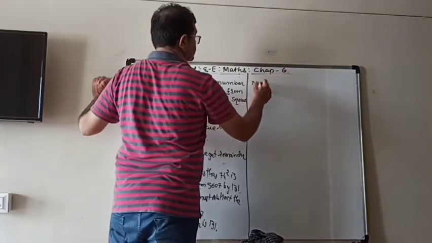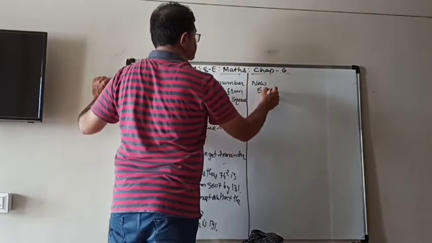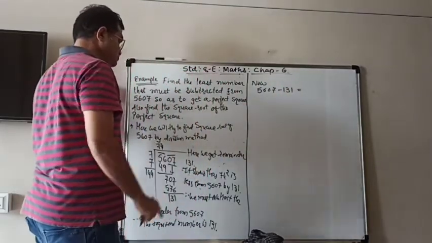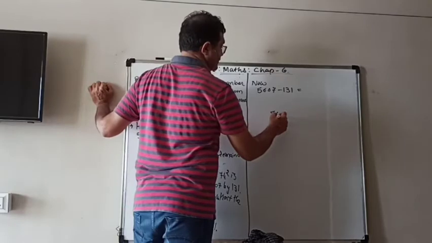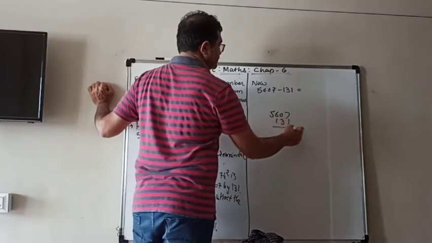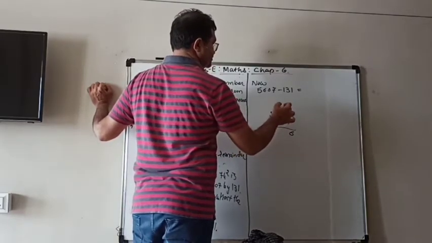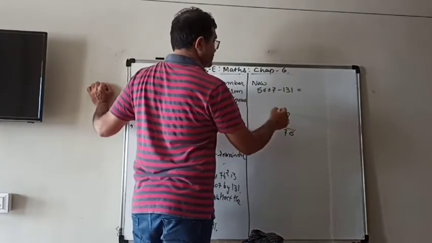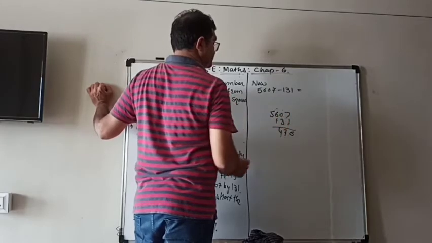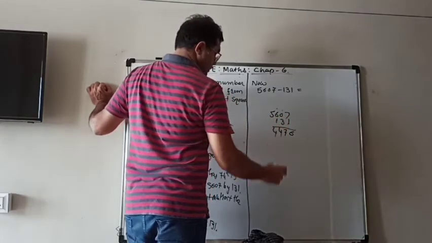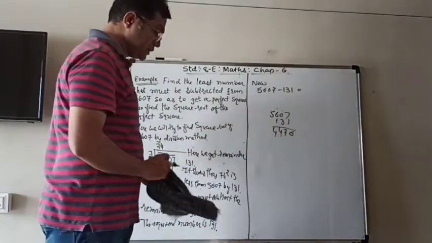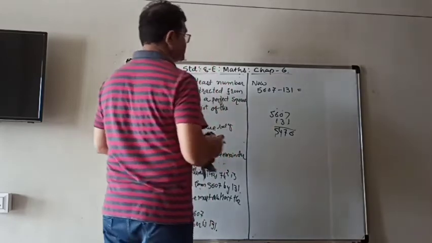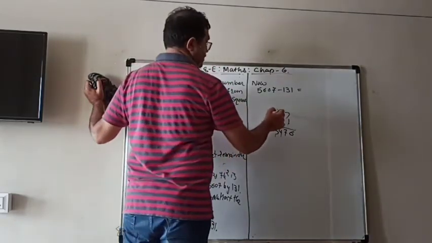So now 5607 minus 131, we have to subtract that number to get the perfect square number. 7 minus 1 is 6, 10 minus 3, 7, and 5 minus 1 is 4. So the number is 5476, because we didn't take a borrow here.